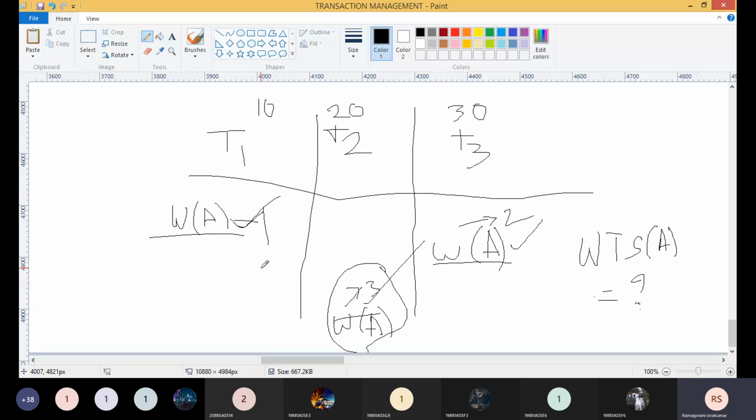Need to go based on these operations. So this is the latest value. First we updated this, second we updated this, and third we updated this. That means the write operation is performing the latest value 20. Latest write operation on timestamp is 20.